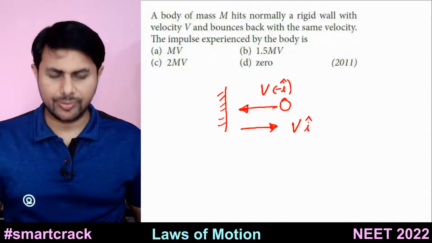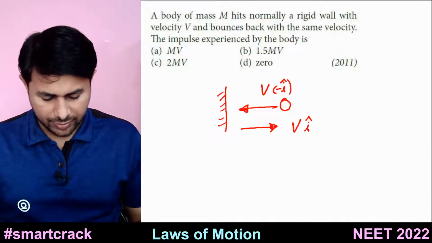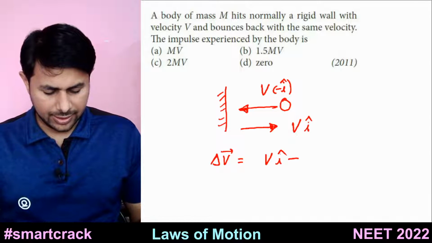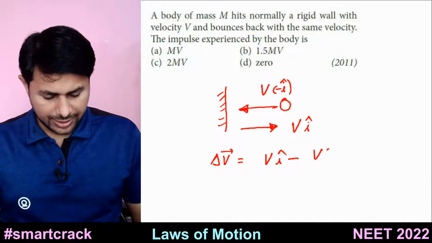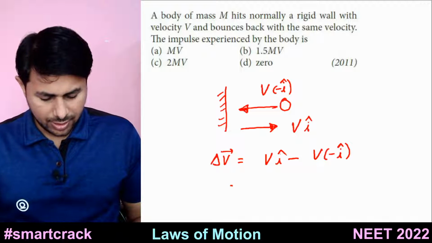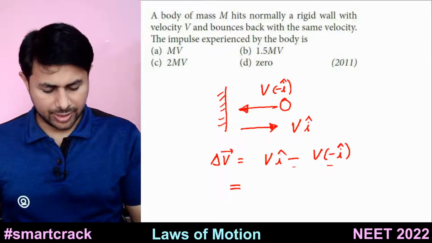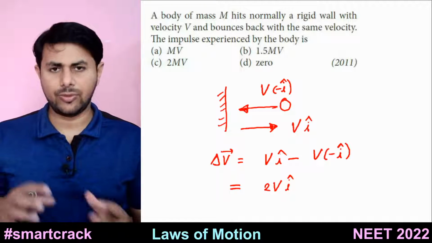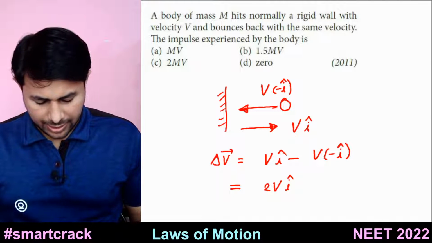So what will be the change in velocity? Delta v bar is equal to what? Final velocity minus the initial velocity, which is v times minus i cap. So it is 2 times v into i cap, because minus minus becomes plus. And if you want the change in momentum, it will be m times this.